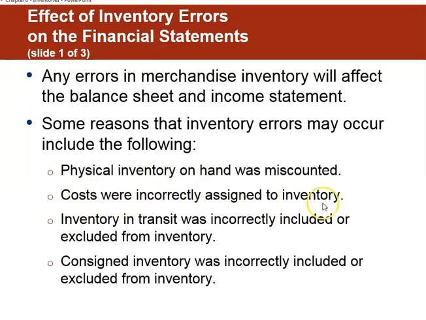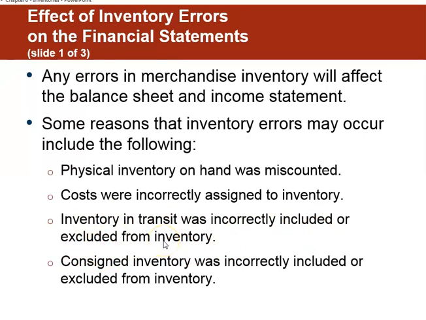Costs were incorrectly assigned to inventory. Think about two items that are coded similarly, but they have a vast difference in price and in sales volume. So we can end up with a massive inventory problem that way. Inventory in transit was incorrectly included or excluded from inventory.